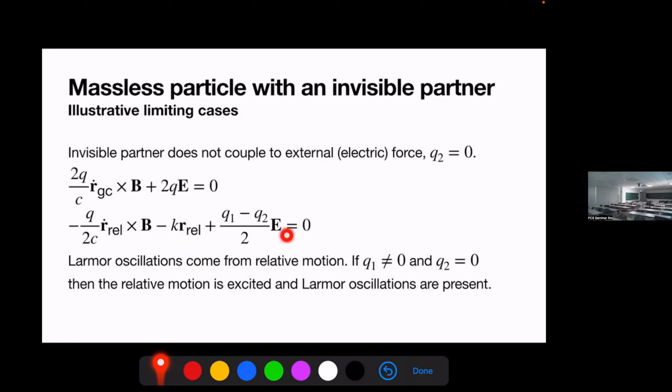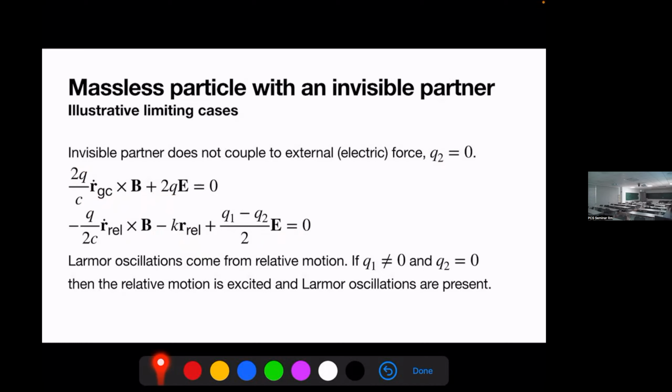The relative motion couples to the external force, and the sudden onset of the external force gives rise to Larmor oscillations. And although the guiding center doesn't see these oscillations, it has a massless dynamics. It's not the guiding center that we probe. We probe particle 1, whose coordinate is the sum of the guiding center divided by 2 and the relative coordinate.